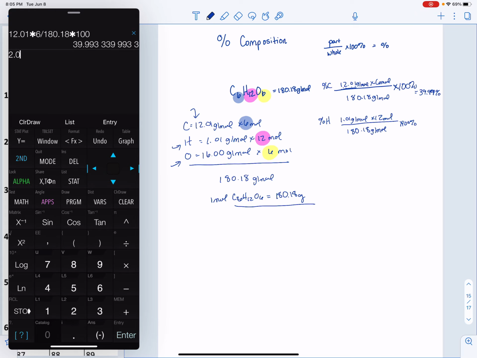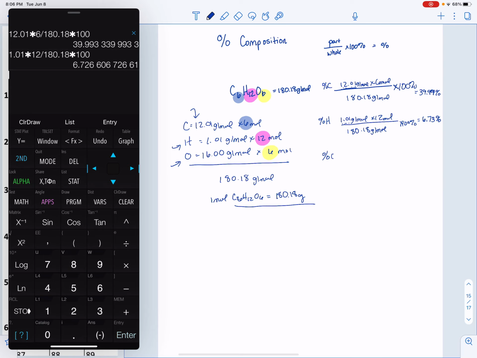So 1.01 times 12, and then divided by 180.18 and times 100. If you prefer to do all the multiplying and then the dividing, I often do it that way. You can do it that way too. All right, so I've got 6.73%. Notice that has 1, 2, 3 sig figs.